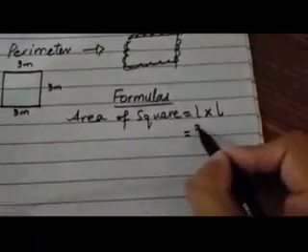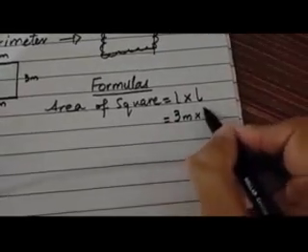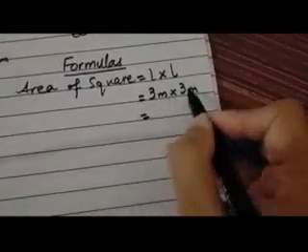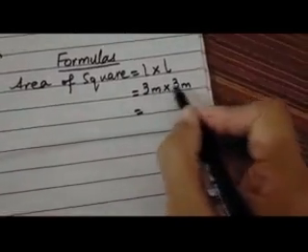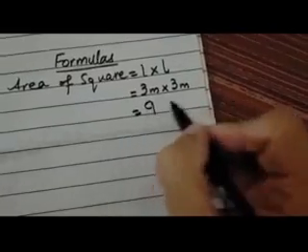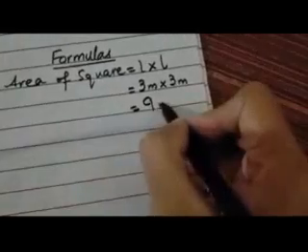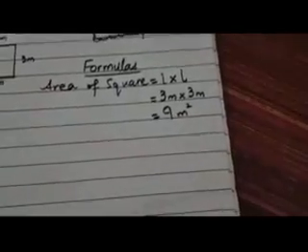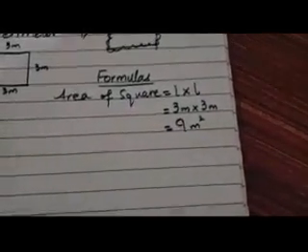That means if you multiply 3 meter by 3 meter, you will get your answer. 3 into 3 is 9, and that is the area. That's why we will write the unit as unit square. That is your meter square.